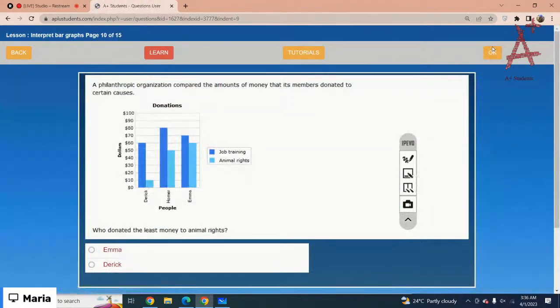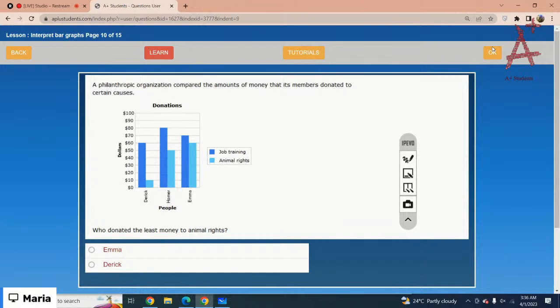Okay, the next one is a philanthropic organization compared the amount of money that its members donated to certain causes. Who donated the least money to animal rights? The light blue color is for animal rights.